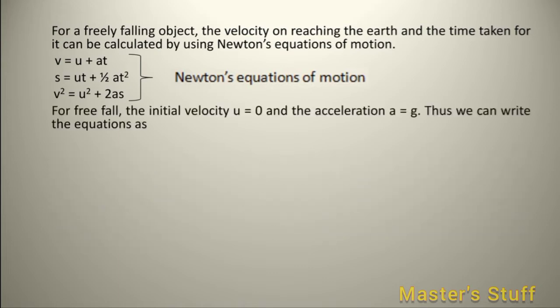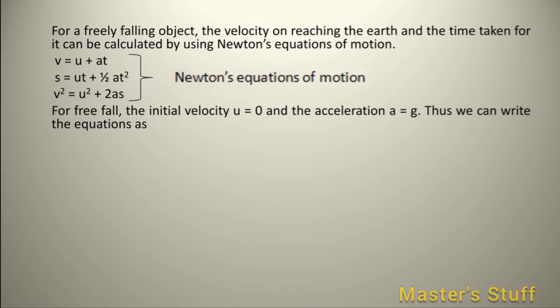For free fall, initial velocity u is equal to 0 and the acceleration that is acting on the body is equal to the acceleration due to gravity, that is g. Thus, a is equal to small g.